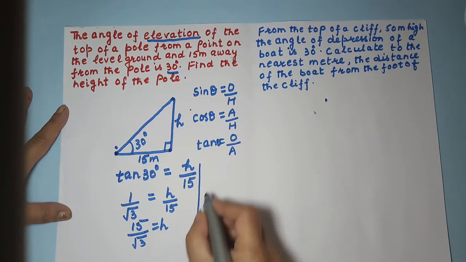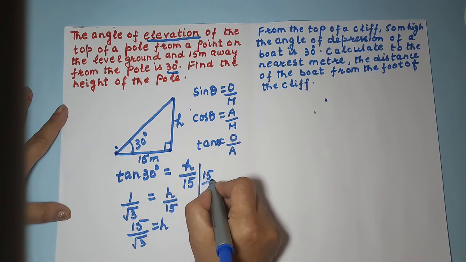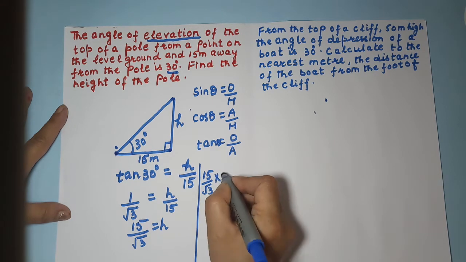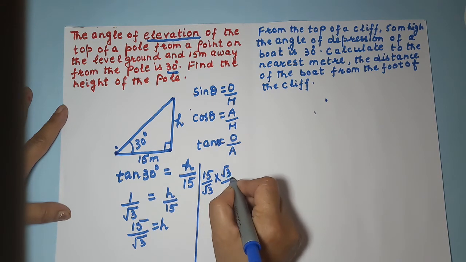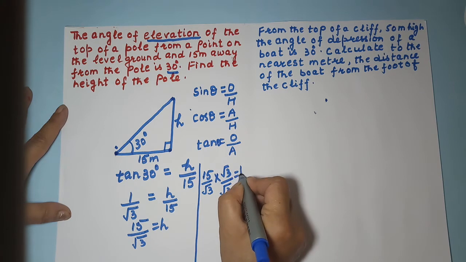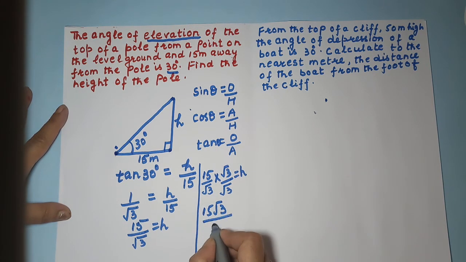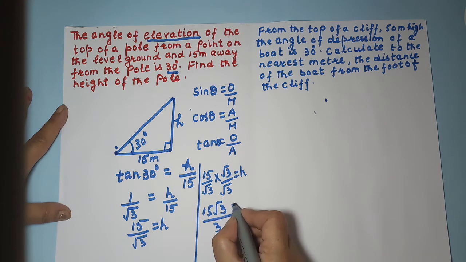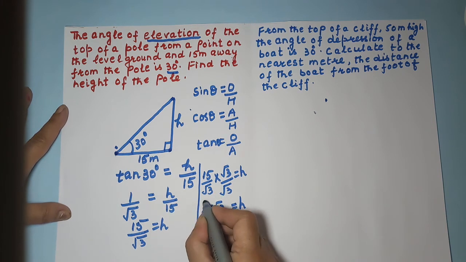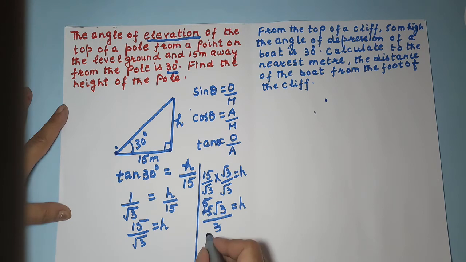We will rationalize this. So, we will get 15 root 3 upon root 3 into root 3, which is 3, equal to H. So, 3 5s are 15, right? Now, my answer is H is equal to 5 root 3, fine.